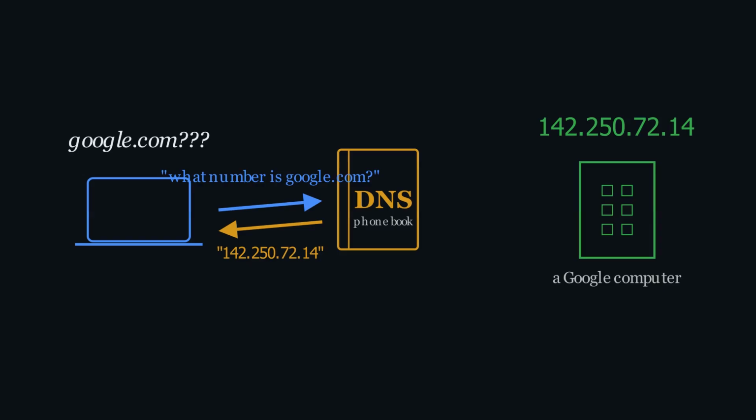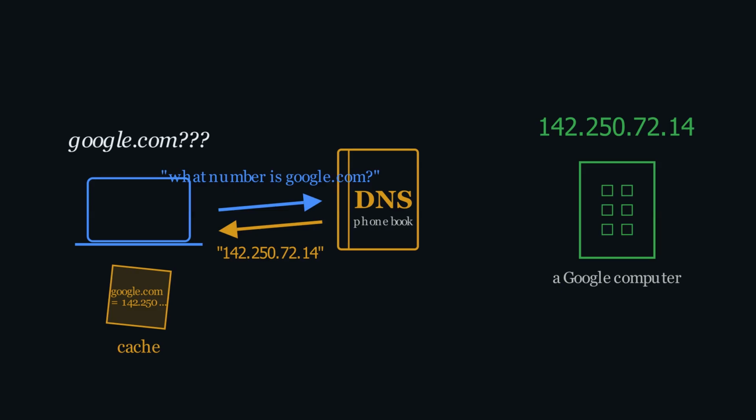One detail worth knowing here is that your computer keeps a copy of recent answers, so it doesn't ask the phone book every single time. Remembering an answer instead of asking again, that trick is called caching, and it is everywhere in this series. This is just the first place you are seeing it.